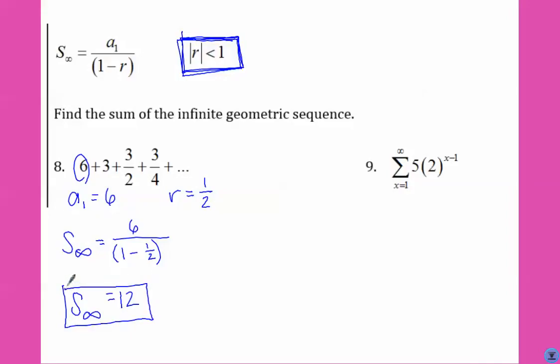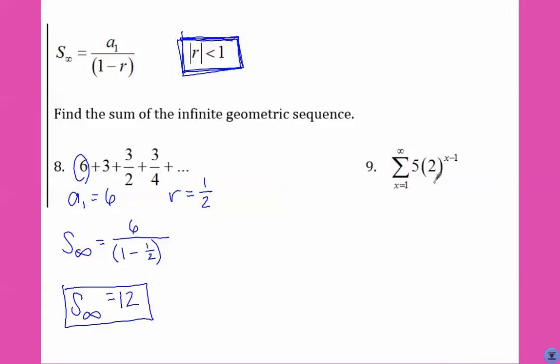The reason for this is each time we're cutting the pieces in half, so the pieces are getting smaller and smaller. Eventually the pieces get so teeny tiny that they basically stop having an effect on what they add up to, and eventually add up to 12.